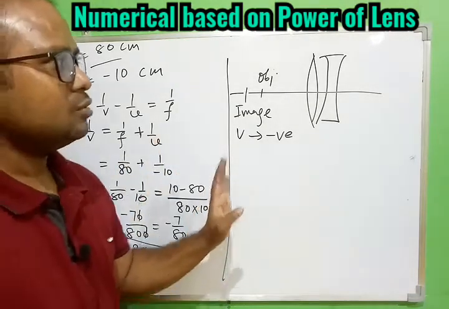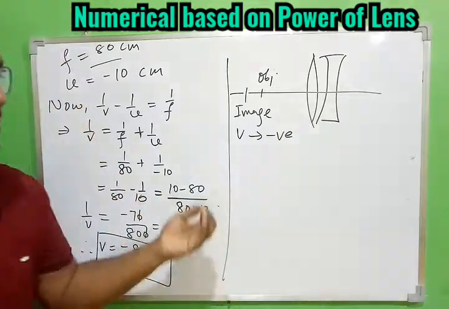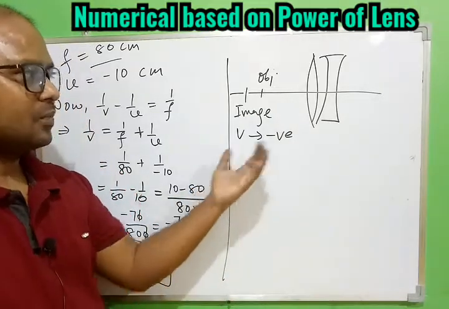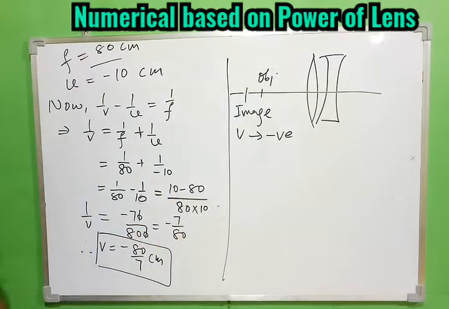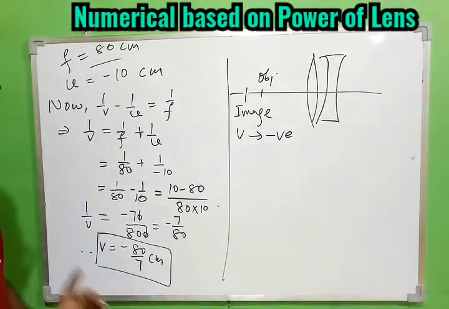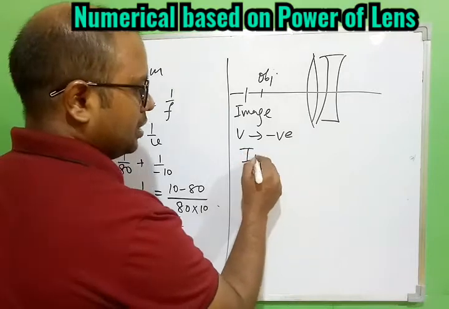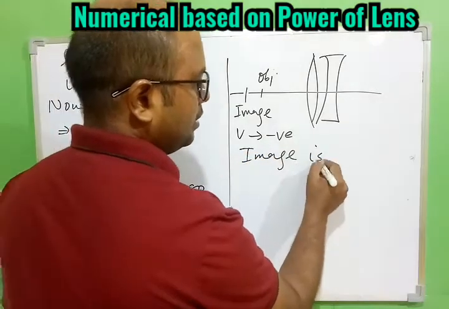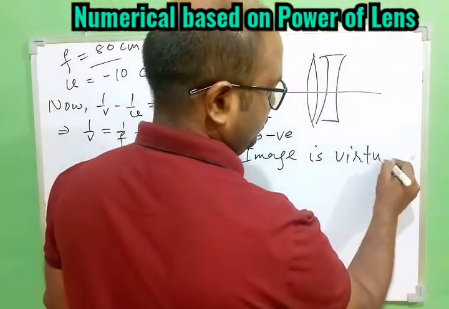And we know one thing, that is, overall in the case of the lens, if the image is forming in front, that is this side only, the image is virtual, yes or no? And that's why we are getting here negative sign. So we know in the case of the lens, if the image distance is negative, image is virtual. So we can say image is virtual.